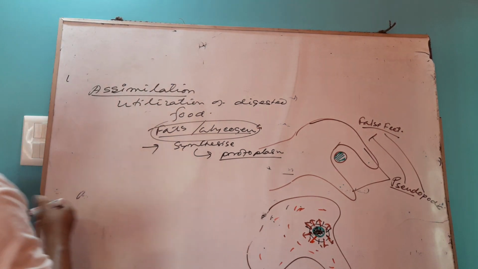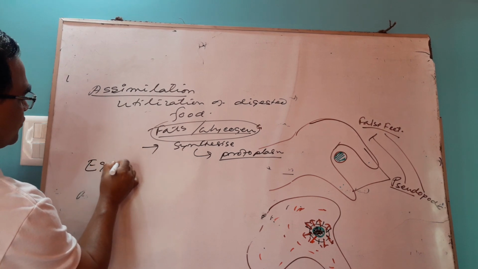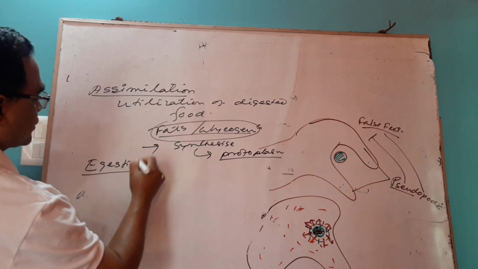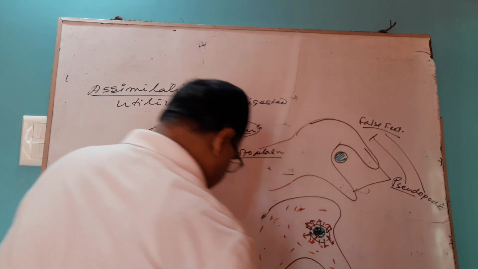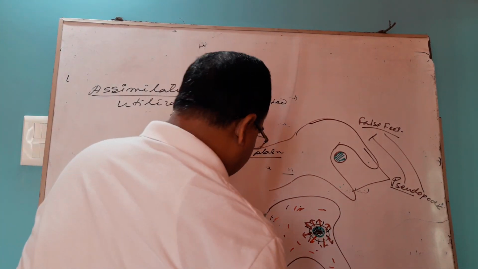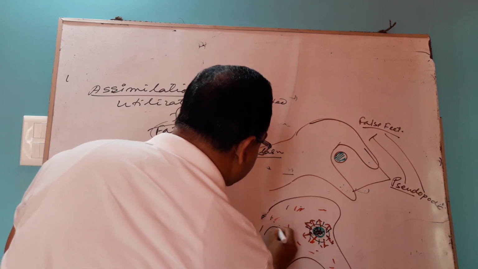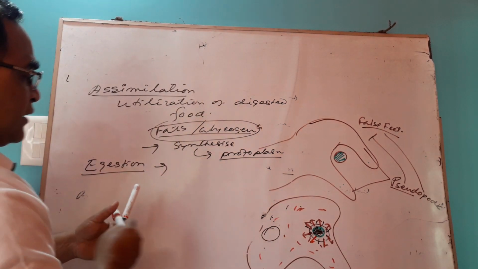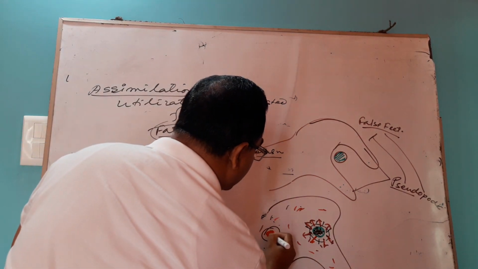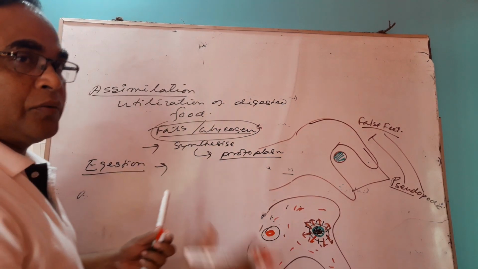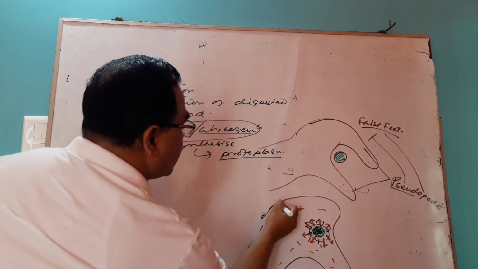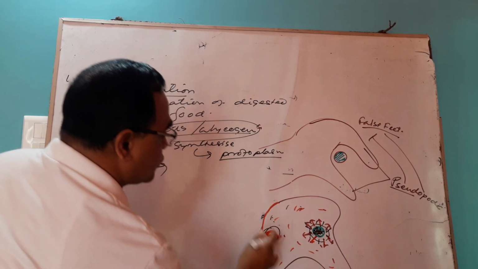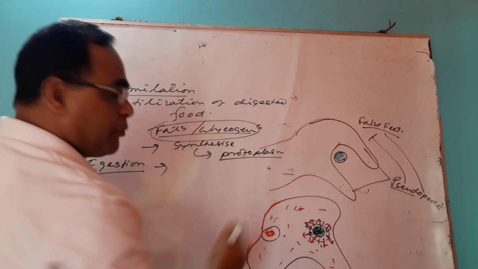Okay, the final part is ejection. How is it done? Ejection means definitely in the food vacuole some food will remain undigested. So this is the food vacuole, suppose, and this is the undigested food. This undigested food has to be eliminated, expelled out from the body, and this is done through the plasma membrane.